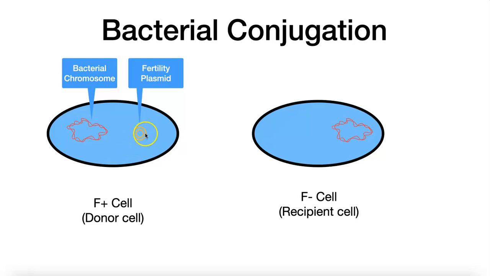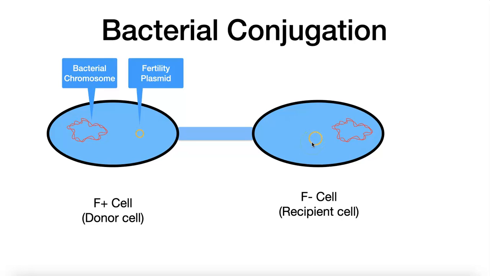One bit of information on this plasmid is how to make a pilus. This pilus is basically a tube that connects these two cells, and the F+ cell is going to donate some DNA. What you're going to see is one strand, so one of these circles, is going to break apart and move through this pilus. And so this recipient cell is going to get this one strand, and it's going to become a circle.